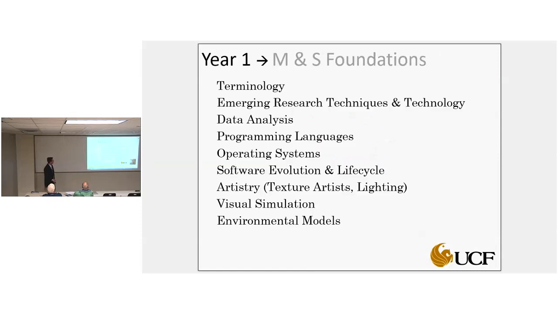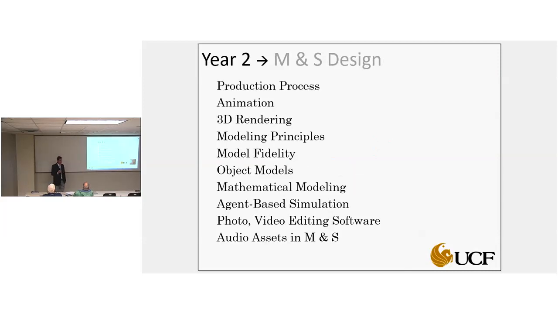So just real quick, this is about all of the text I tried to include on the slide. But the topics in year one, your basic foundation stuff, your terminology, your programming languages, just information about them, not coding per se, visual simulations, environmental models, those kind of things. Year one culminated with a visual model project, and in year one they also start a professional portfolio, and they add to it over the 4 years.